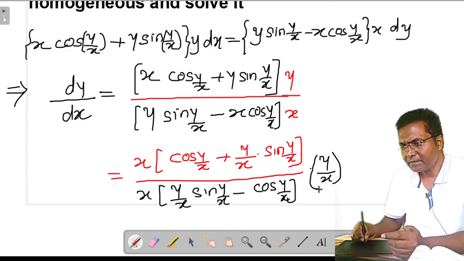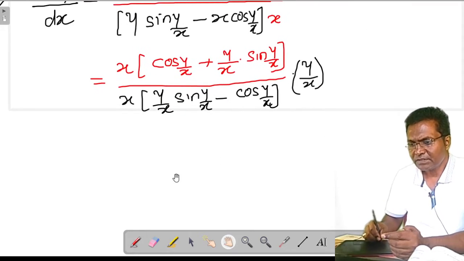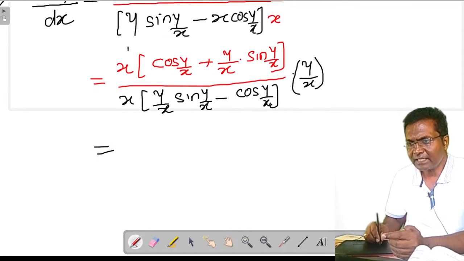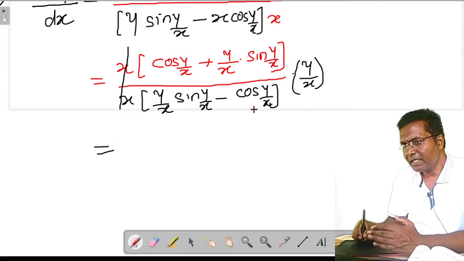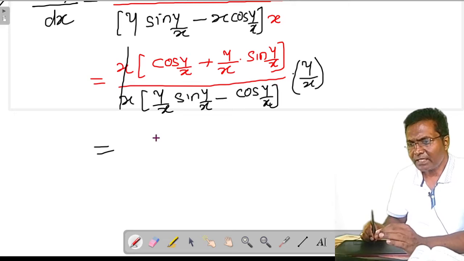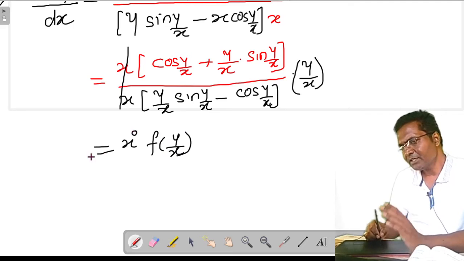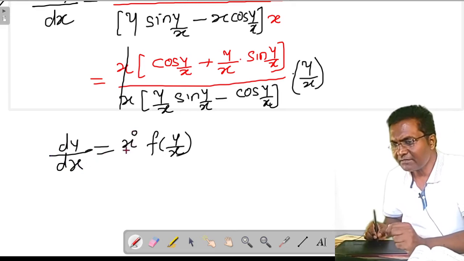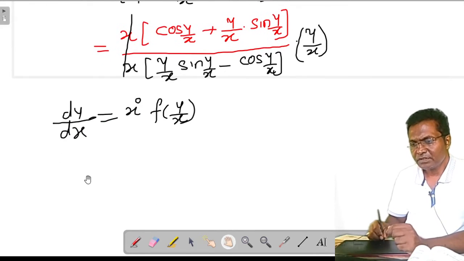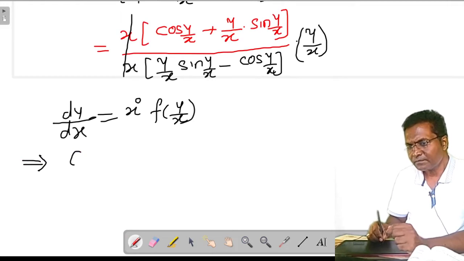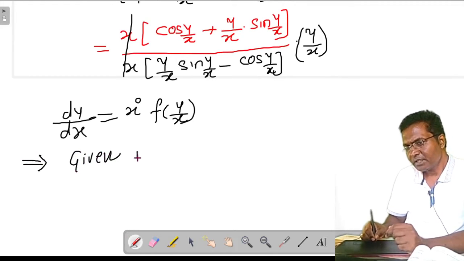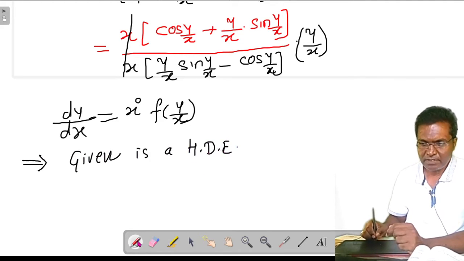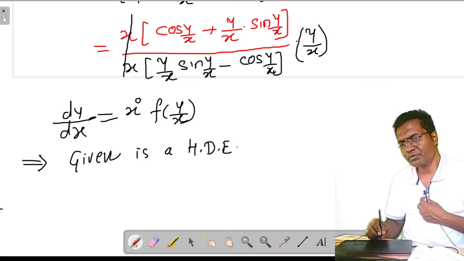Okay. Now see here, x cancels and you are left with each term in the form of y by x. So I can write it as f of y by x. So what does it imply? The given equation is a homogeneous differential equation. So you need to substitute.